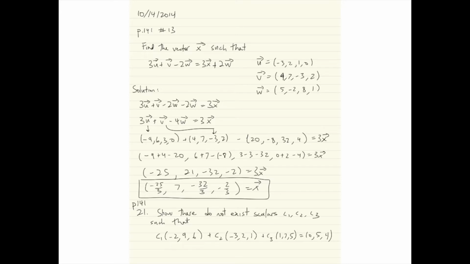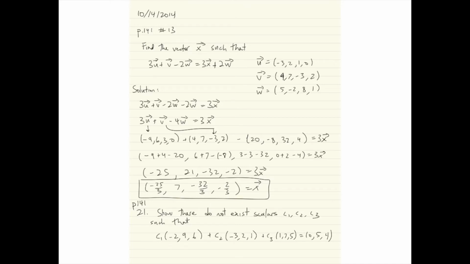And then I similarly found the other components, and so that's what equals 3x. And then to find x, I multiply both sides of the equation by 1/3, and 1/3 doing scalar multiplication of each of these, I divide each of them by 3, and I get this answer.